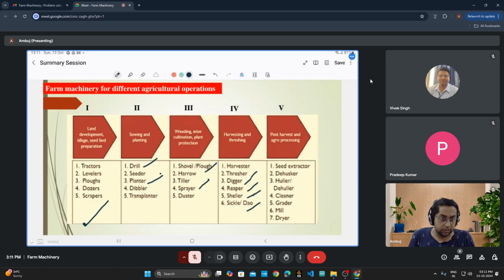Always remember that storage of the food grains, which we have extracted after threshing, is always done at a moisture content below 15%. Much below, we try to keep it in the range lesser than 12%.